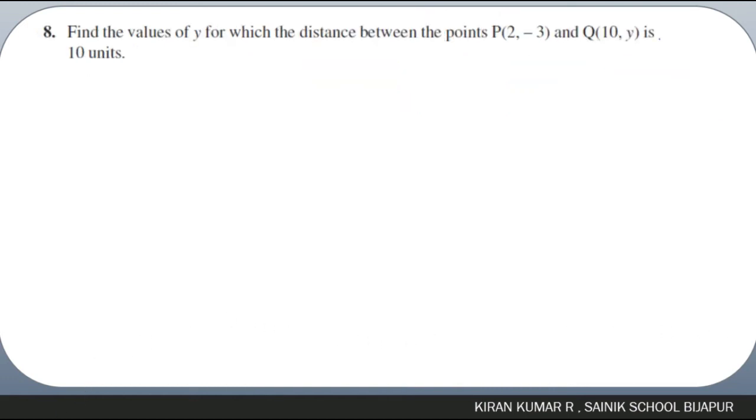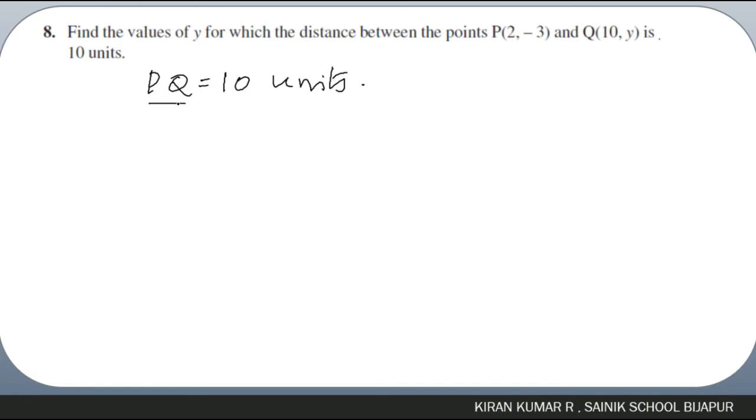Question number 8. Find the values of y for which the distance of the point P(2, -3) and Q(10, y) is 10 units. It means that the distance PQ is 10 units.